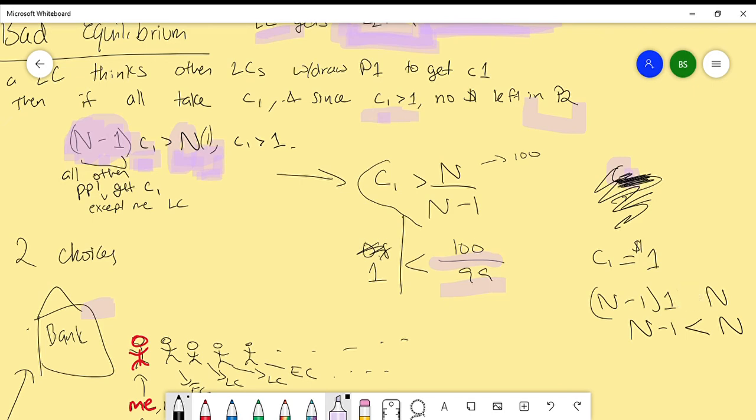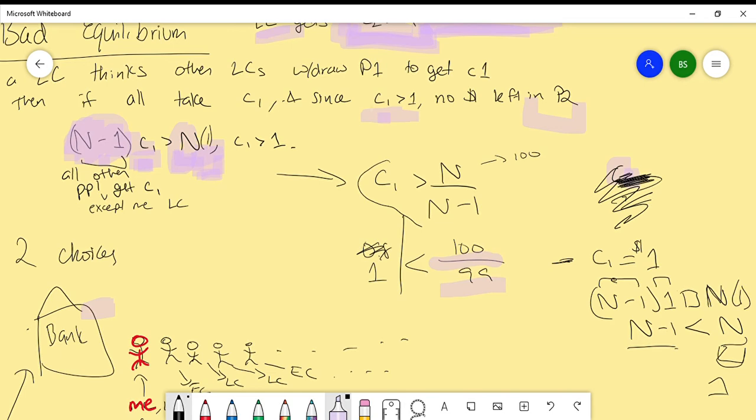So all the other people getting money out of the bank times the amount each would get, because C1 equals 1, compared to everybody getting all the money, obviously n minus 1 is less than n, so there would be money left over for the very last person left over from this whole exchange. Because n minus 1 times 1 is less than n times 1.